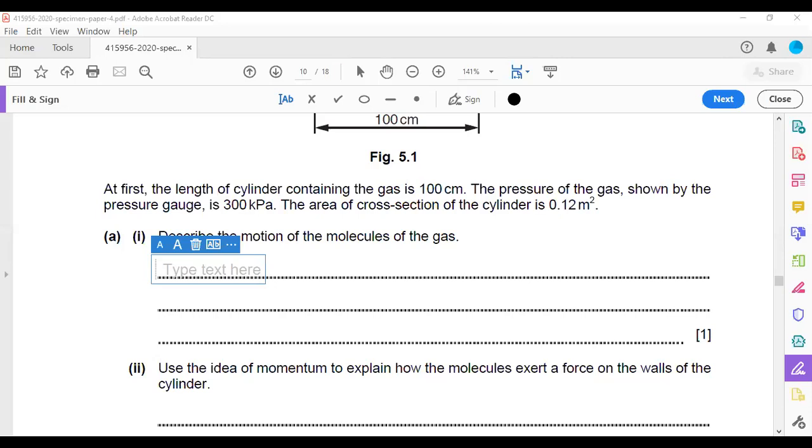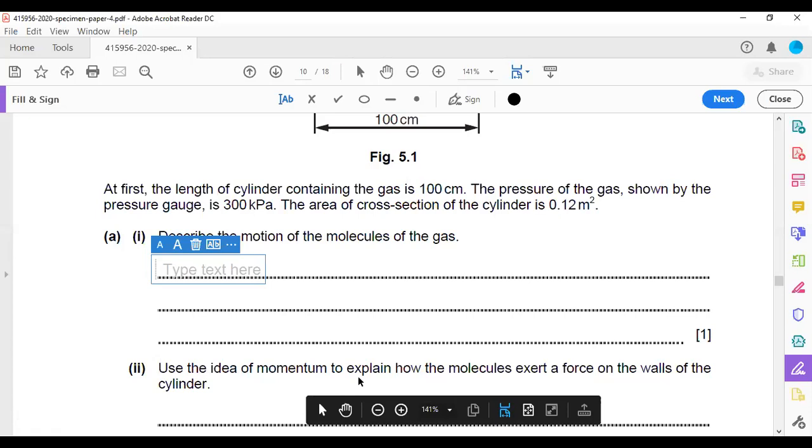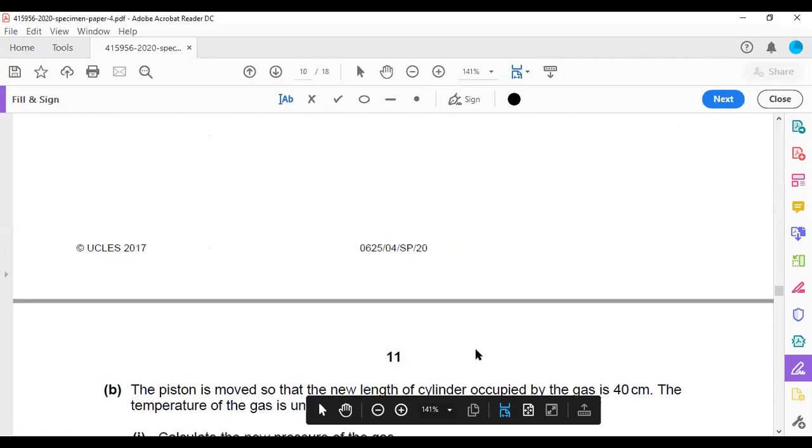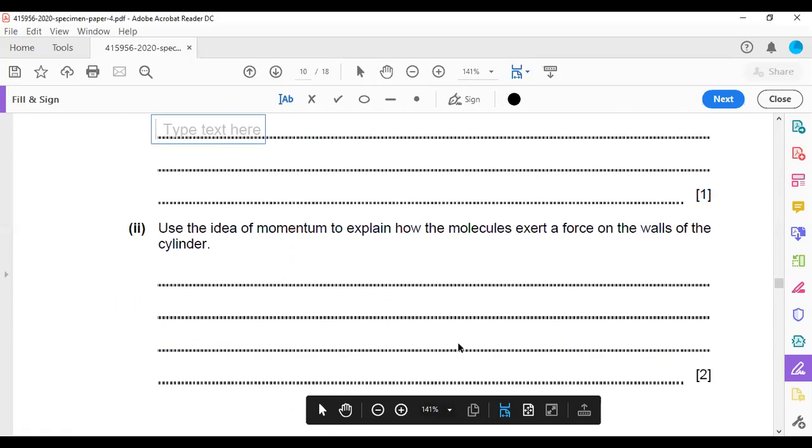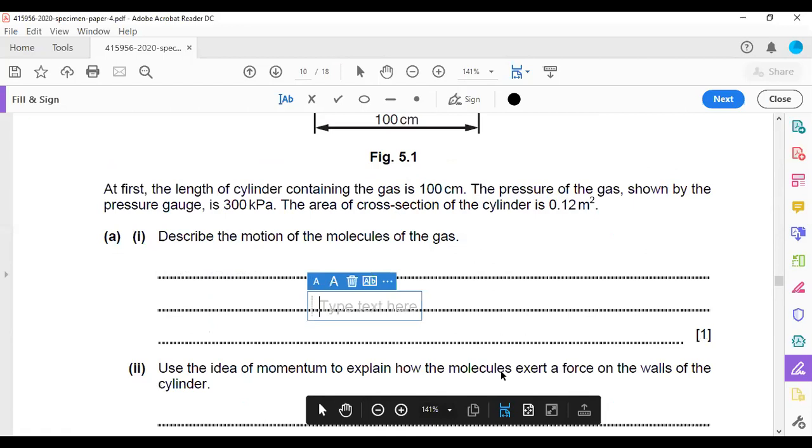Right, so they're asking: describe the motion of the molecules of the gas. Use the idea of momentum to explain how molecules exert a force on the wall of the cylinder. So we're talking about gas pressure here, right?